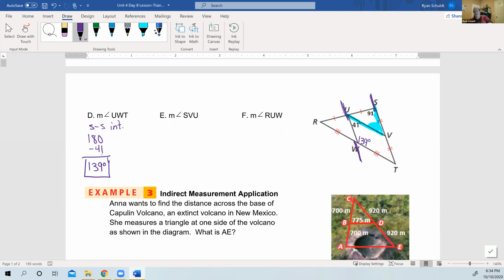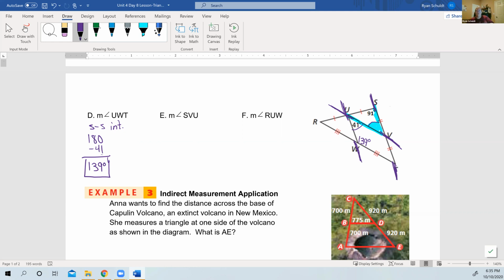UW and ST have to be parallel because UW is a midsegment. This is probably some kind of transversal. So I'm given a 41 right here. What's my relationship, the angle I want and the 41? What kind are they? Maybe if you turn your head sideways, you can see it a little bit better.